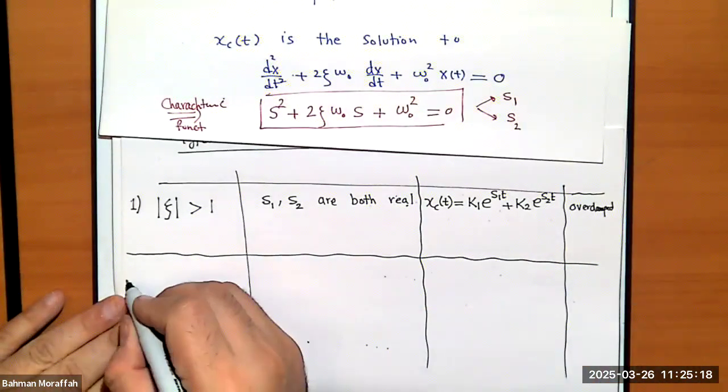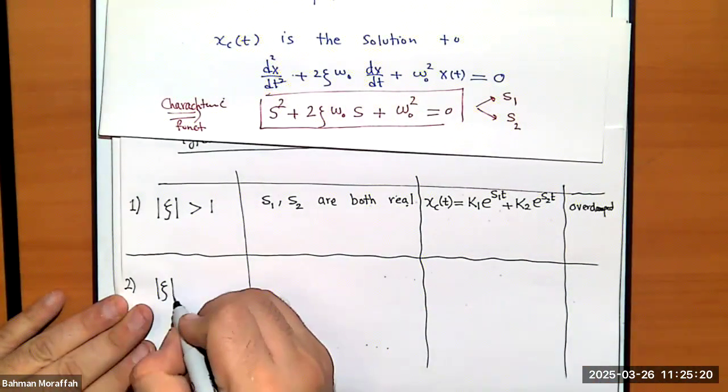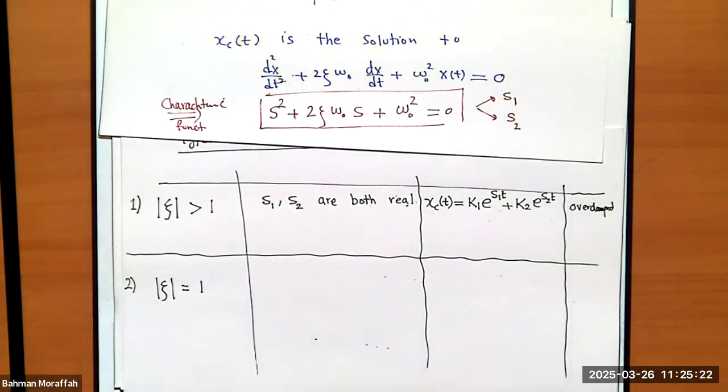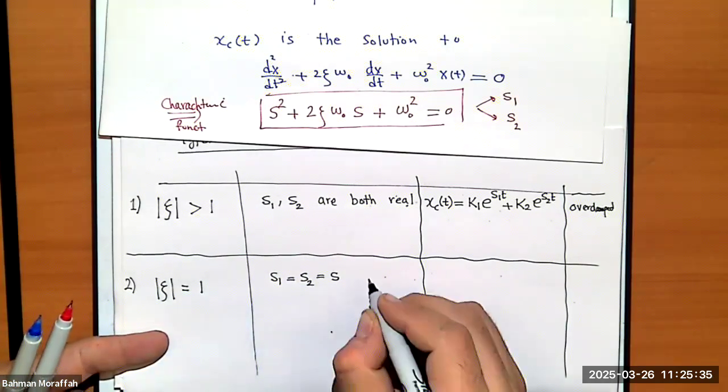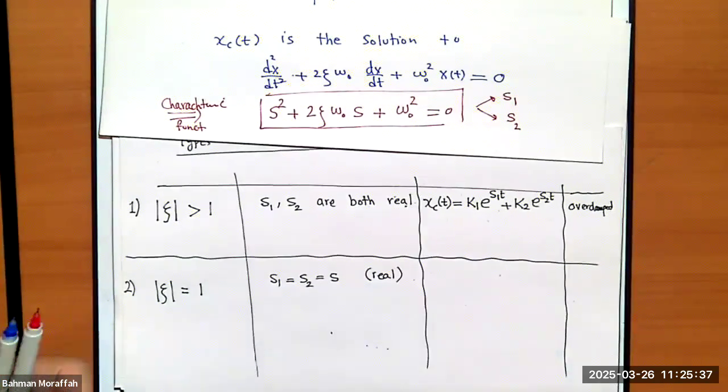The second type was when the absolute value of c was 1, which we knew we had a repeated solution for the characteristic function. So let's call that S1 equals S2 equals S. And obviously, this is real.